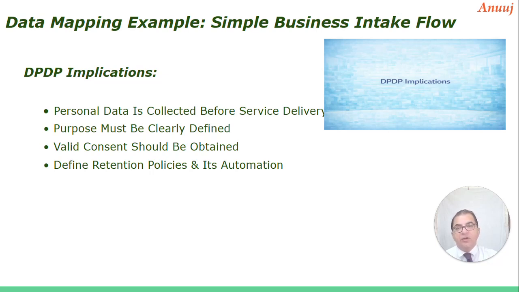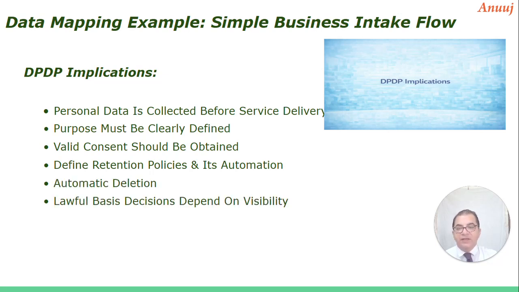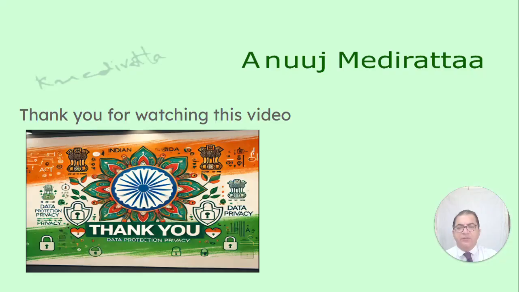Let it be there in an automated thing. Automatic deletion possible. Lawful basis decisions would purely depend upon the visibility of the information, right? And that's what DPDP expects from any organization, the way to handle personal information of any prospect, associate, or customer coming into them. So that's one of the examples of data flow mapping.